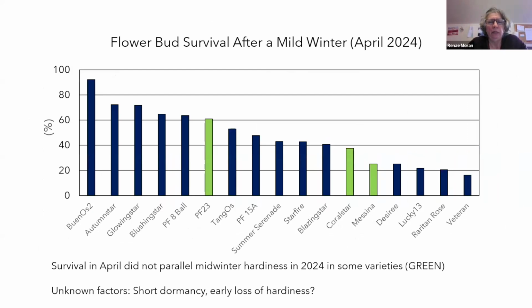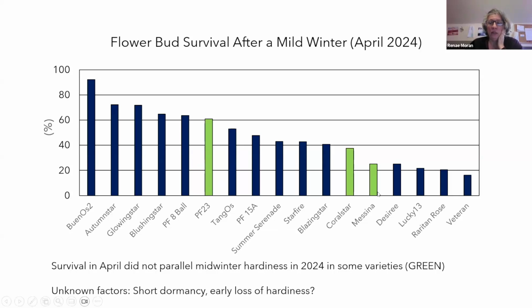Despite last year being a fairly mild winter, I saw some bud death when I measured percent bud survival in April, and it's somewhat correlated with the hardiness I measured in winter, but there were some surprises, notably PF23, the variety that's supposed to be tender, had reasonable bud survival.